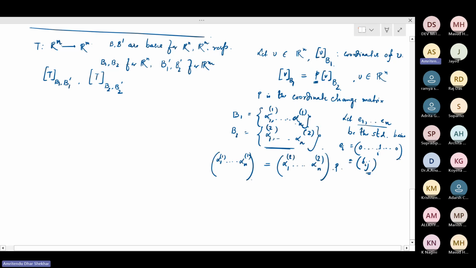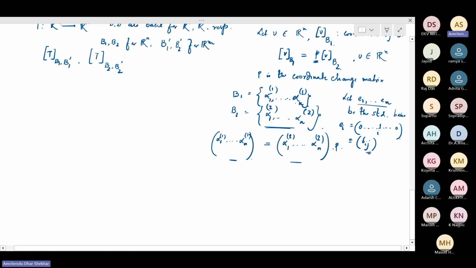Okay. So when you are given two bases of the space Rn, they are going to be related via a matrix of this particular kind.